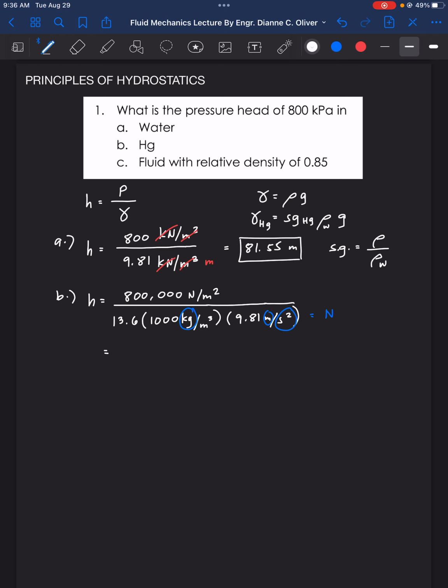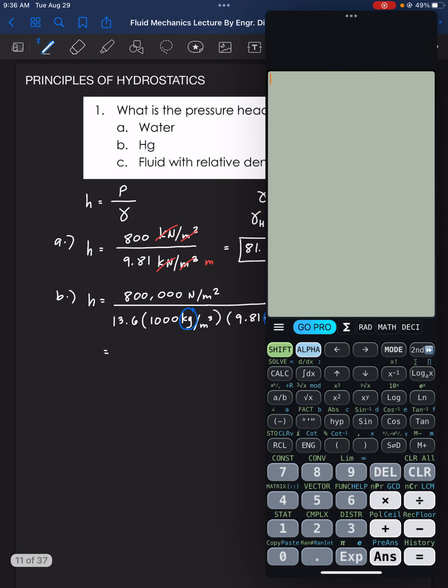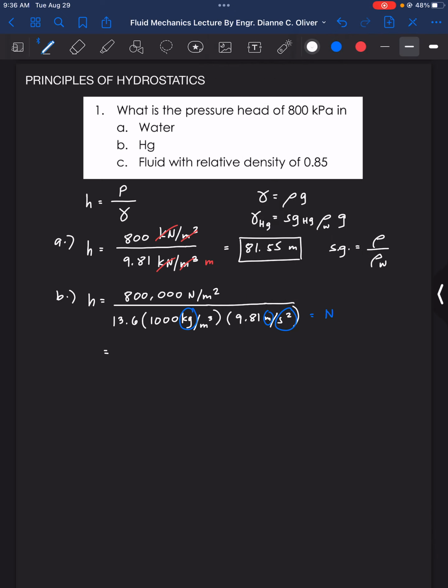Okay, so now we have here 800,000 divided by 13.6 specific gravity times 1000 times 9.81. So that is 5.996 meters. So that's the pressure head for mercury.